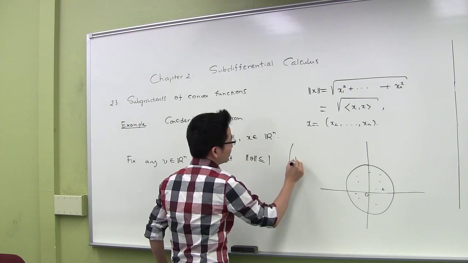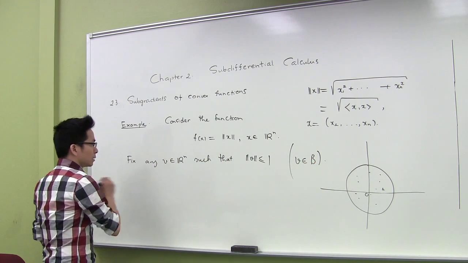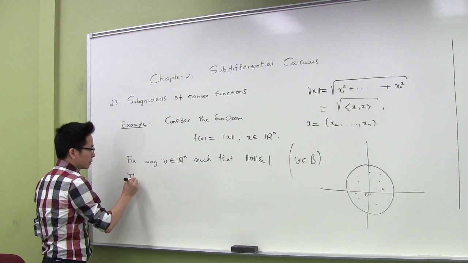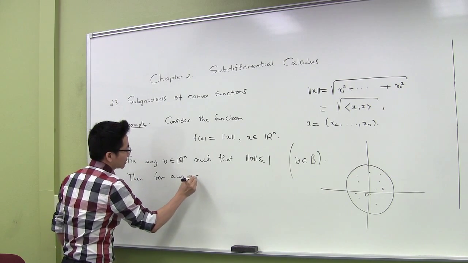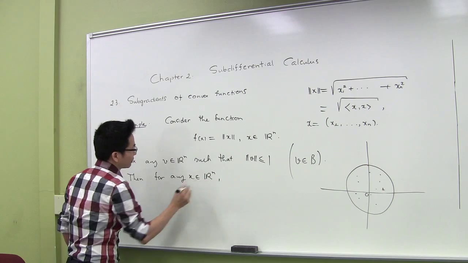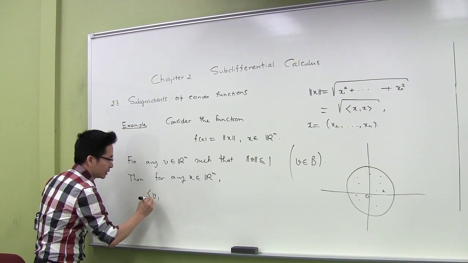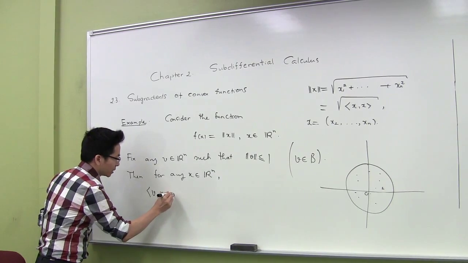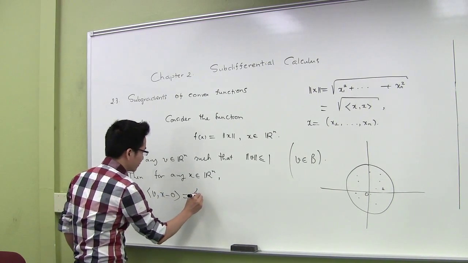Okay, that means v is in B. Then for any x in Rn, we have the following. The inner product of v and x minus 0 is the same as the inner product of v and x.